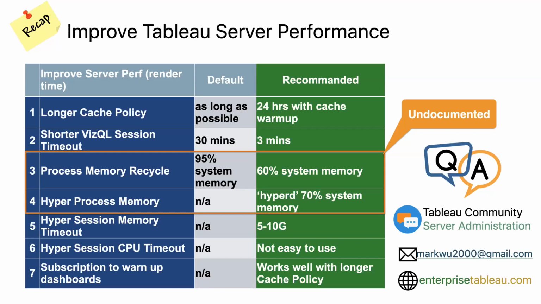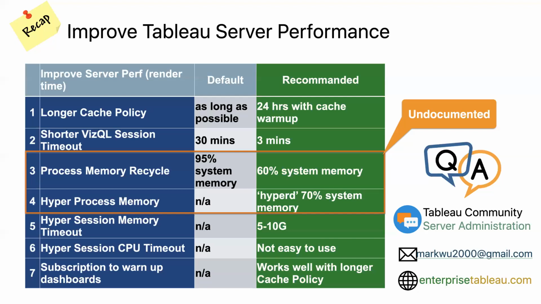Number 5 is life-saving, at least for my server, especially for large deployments. It's really life-saving: killing the Hyper session when a single session uses too much memory. I recommend setting a 5 to 10 gig memory limit.